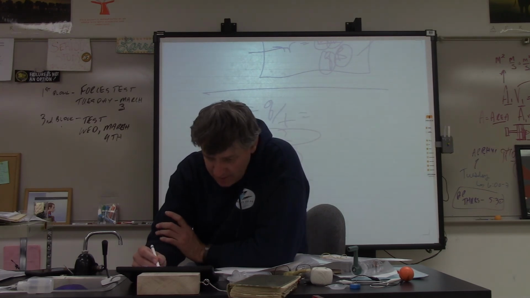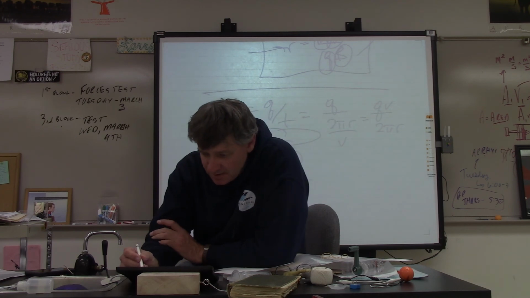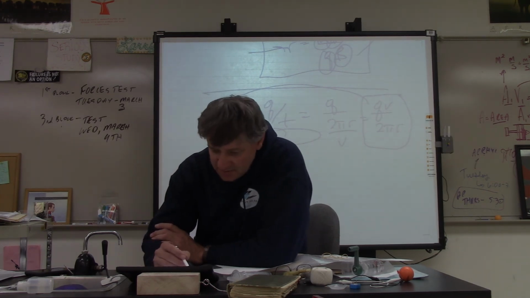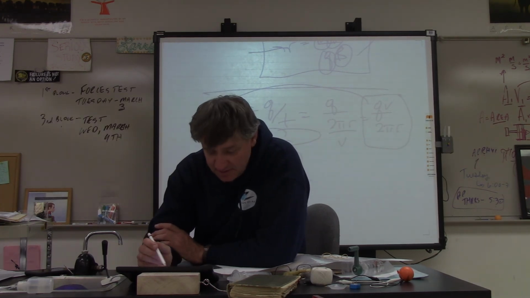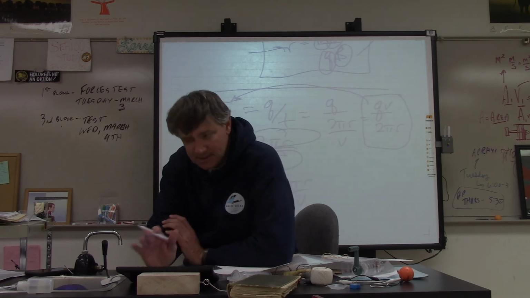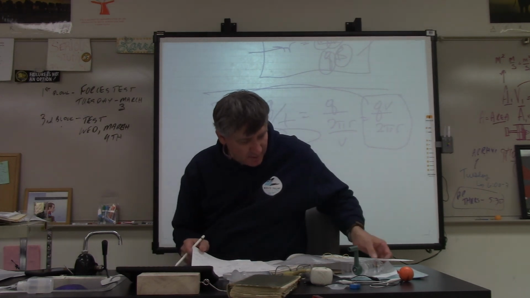And then you could come in here and go, well, that's q divided by 2 pi r over v, which becomes qv over 2 pi r. Okay? Well, that's kind of cool. So then, this could be equal to your current. So there's another way that you can express current. Instead of charge over time, it's qv divided by 2 pi r. So that might be a good idea to keep in mind when you get to some of your problems.